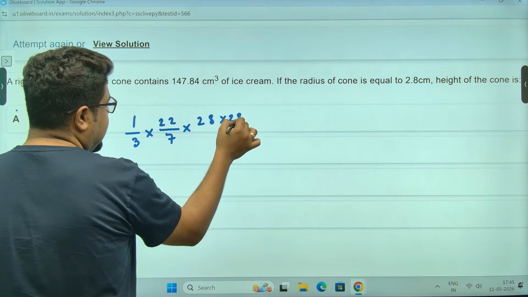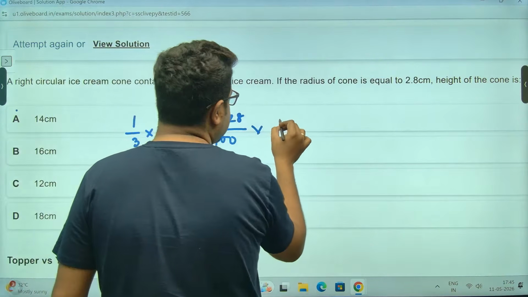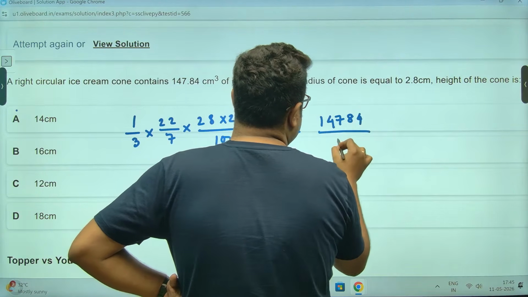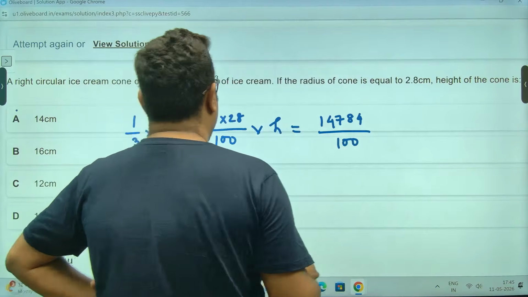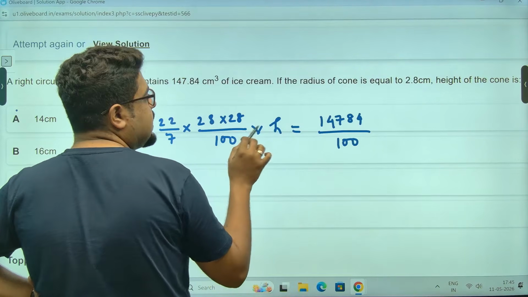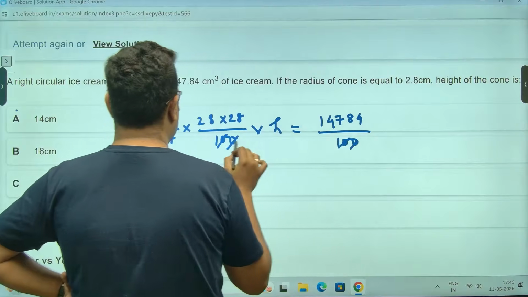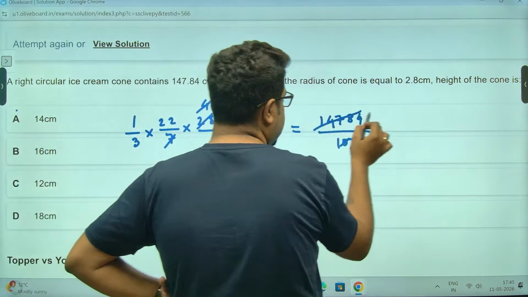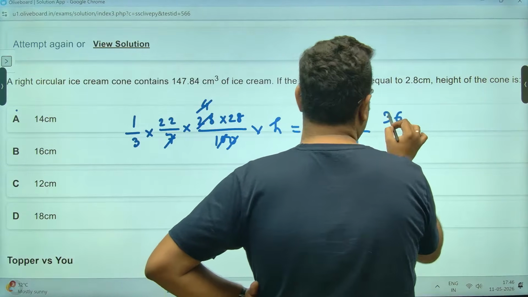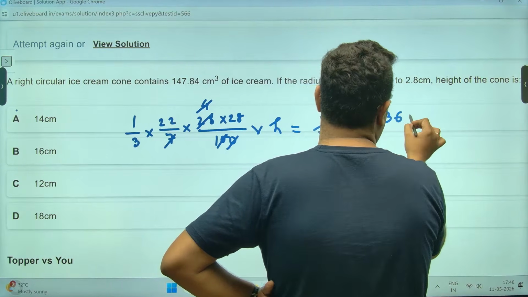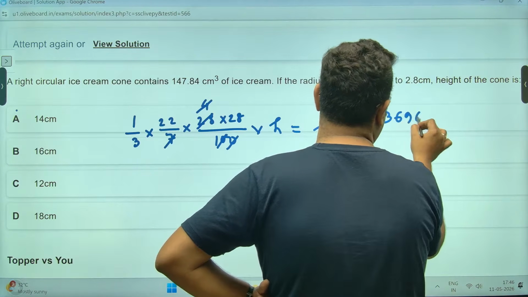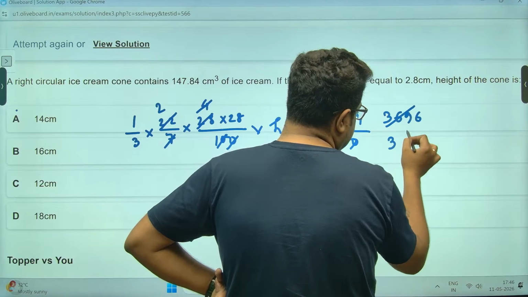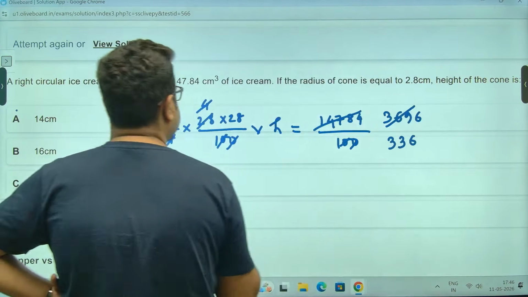28 into 28 by 100 r square into h is 14784 by 100, sir. This is given, in centimeters. 7 fours are this. 4 threes are 12, 27. 4 6s are 24, 38. 4 nines are 36, 24. 3 6 9 6 are 11. 11 threes are 33. 11 6s are this.